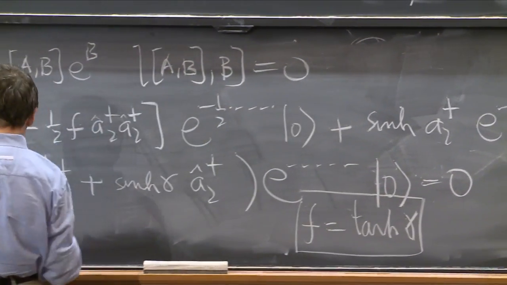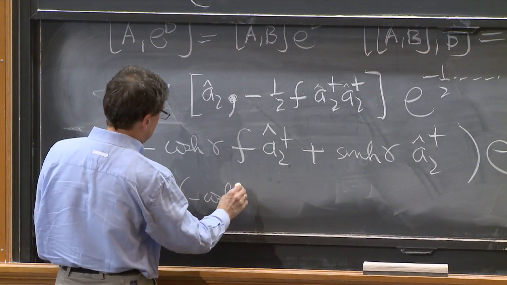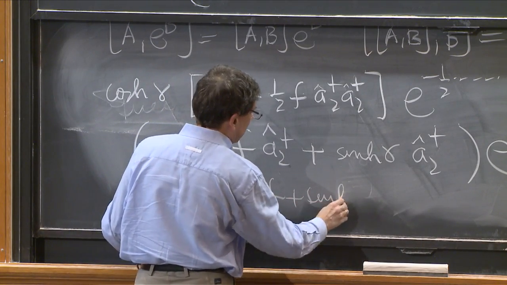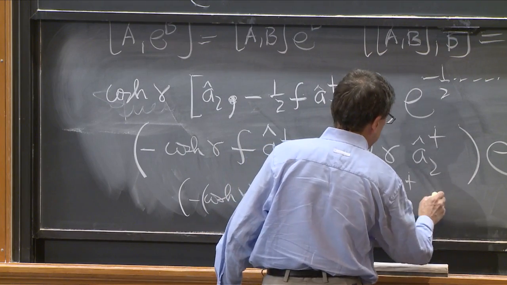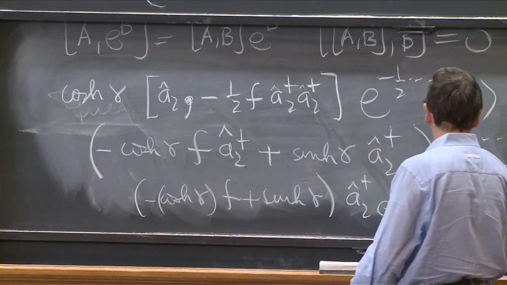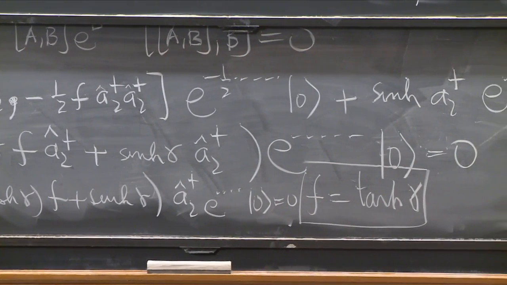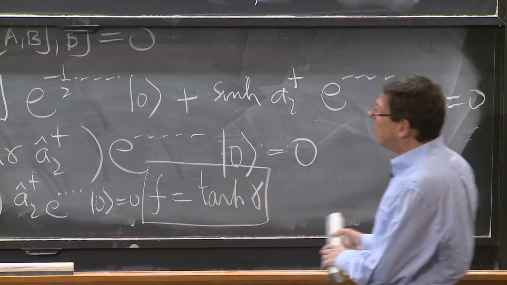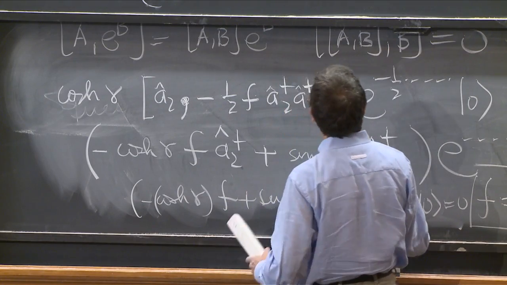I can write this, of course, as minus cosh gamma f plus sinh gamma, A2 dagger, the exponential, and the vacuum equals 0. So it's just a simple relation. But there we go. Tanh gamma is the thing. Tanh gamma gives you the answer.